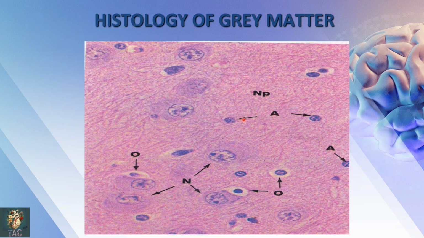So this is an H and E stain section of the gray matter, in which you can see different neurons and their nuclei. These smaller ones are the glial cells, and all this area is called neuropil, which contains the glial cells in addition to the neuronal cell bodies and the dendrites and the axons.